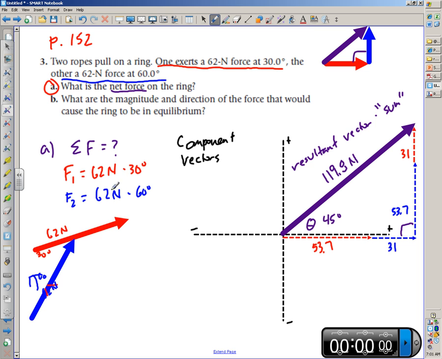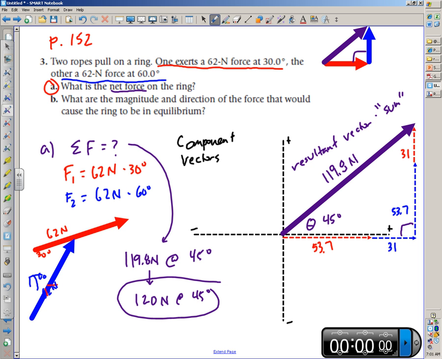So, for part A, the net force, we would say the net force is 119.8 newtons at 45 degrees. Or, if we do sig digs, we'd go 120 newtons at 45 degrees. That's the answer to part A. Now, taking that, let's apply it to part B.